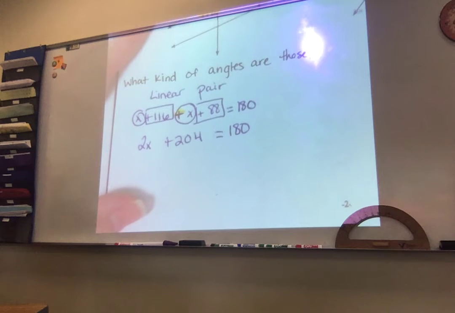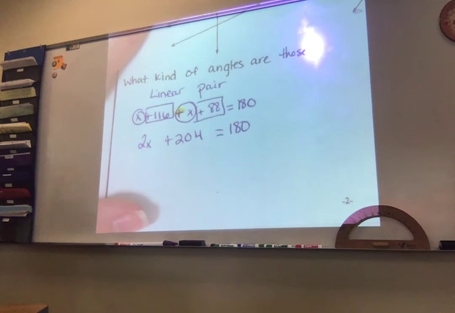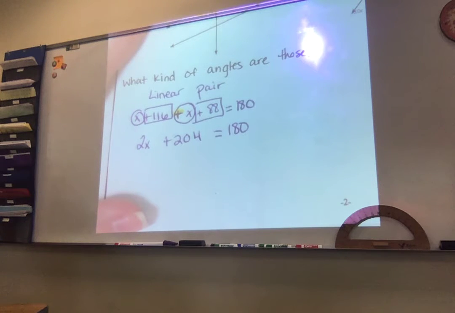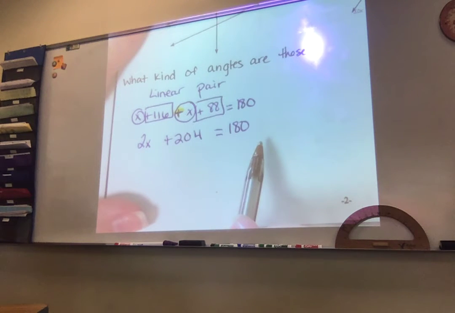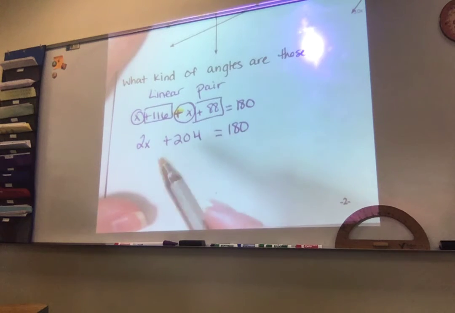I want you to use some predictive math strategizing right now, okay? We subtract 204. Yes, but before we do that, what can you tell me about 204 in comparison to 180? They're both even, yes, but I'm looking for something else.